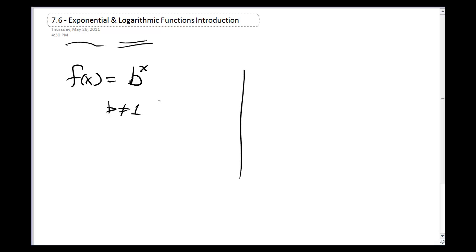very boring function. To contrast this, I've got another equation, and this is the logarithm formula. And the logarithms work like this. I write y equals log base b of x.